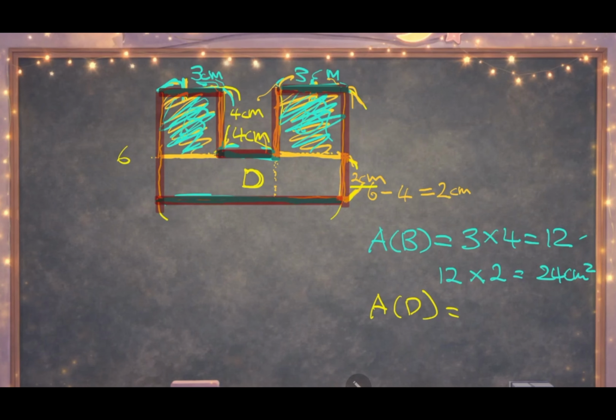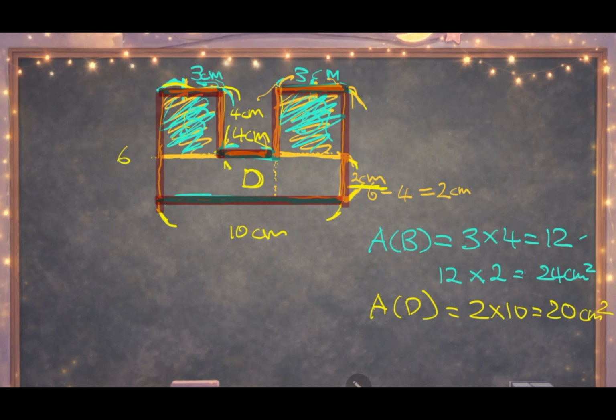Now I'm going to work out the area of rectangle D. Here is 2 centimeters. We worked that out before. And the side is 10 centimeters. So we multiply them together, which gives us 20 centimeters squared.